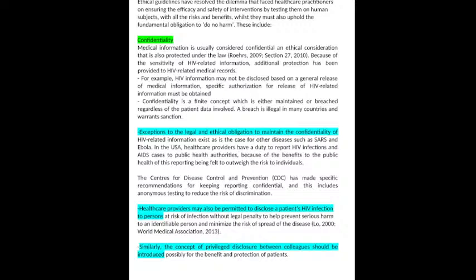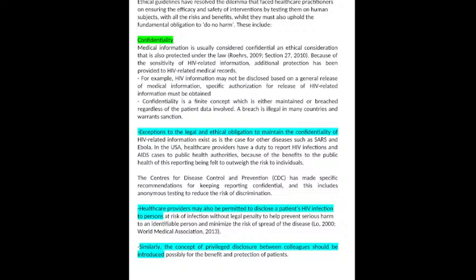Sometimes there is surveillance. The medical people or the government want to know the number of individuals who are sick. They may not get the names, but they want to know the number of infections within a given area. Of course, that has to be released.